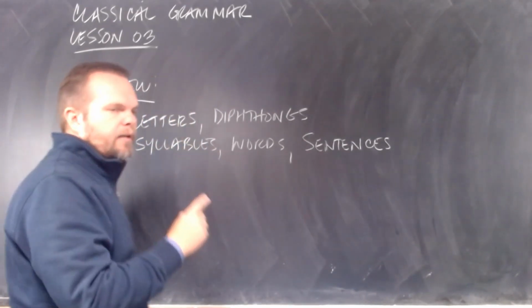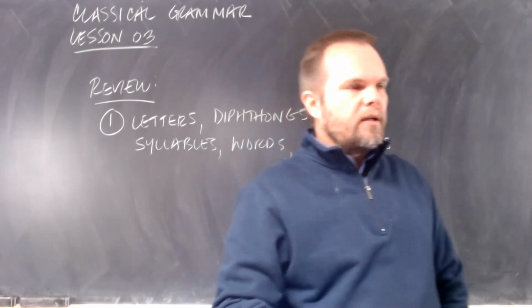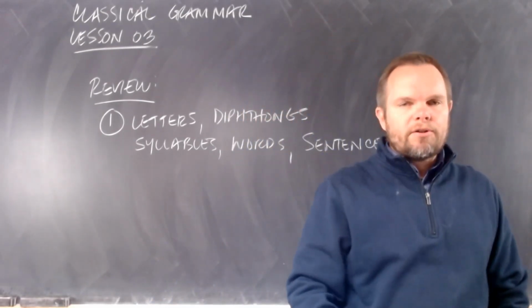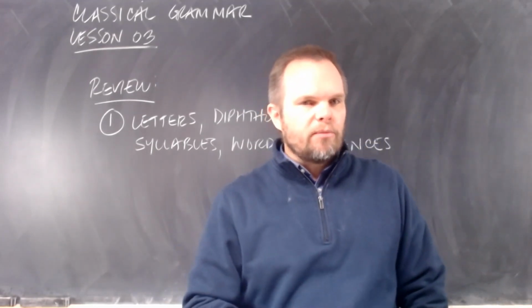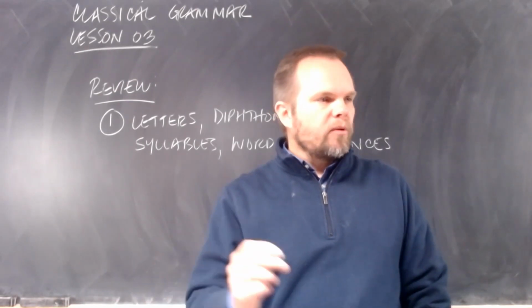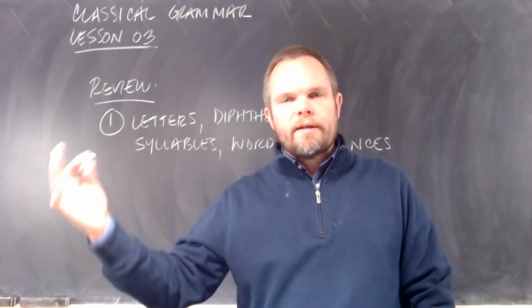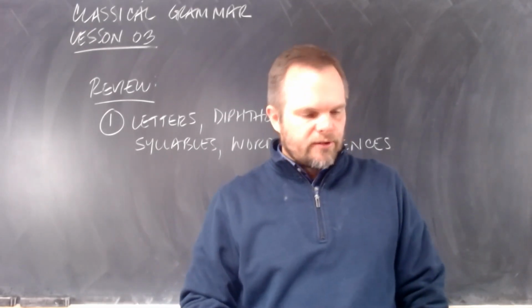So the key idea in grammar is we make speech by joining things together. We join letters to make syllables. We join syllables to make words. We join words to make sentences. And in reasoning, we learn that we join sentences together to make arguments.